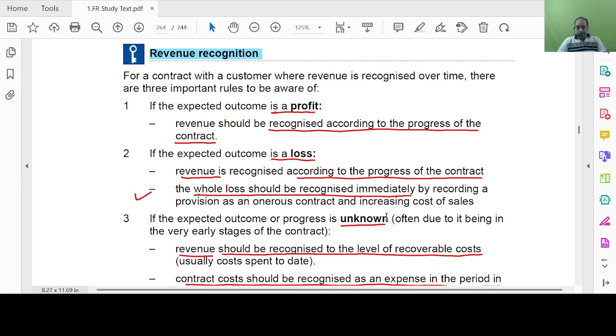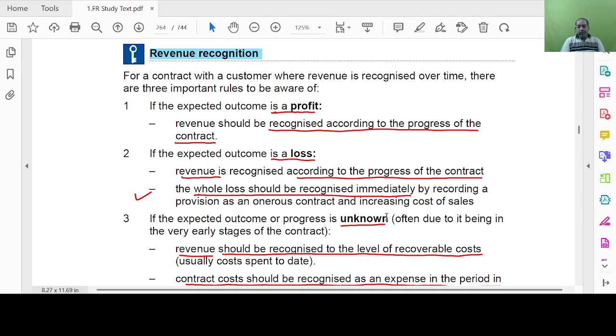So the first point: if the expected outcome is a profit, which normally should be the first case because nobody enters into a contract with the expectation of a loss, then revenue should be recognized according to the progress of the contract, depending upon what percentage of the contract is completed.